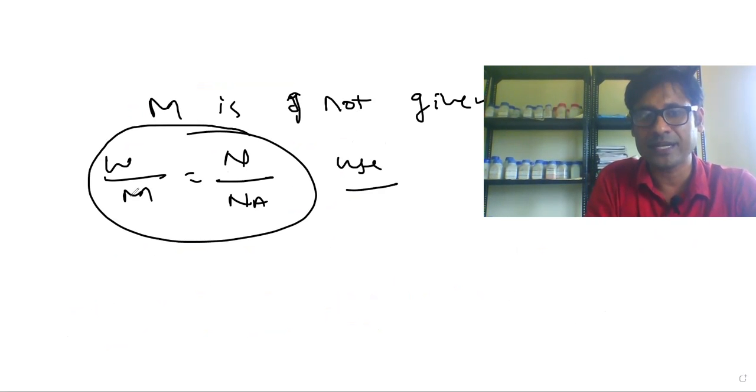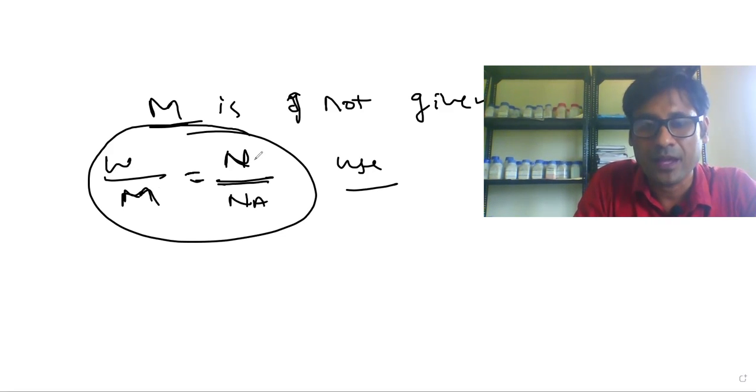W means weight and M for molar mass. N is equal to number of atoms and Na is equal to Avogadro number. If M is not given, then we can use the mass of solid and the number of particles in solid.